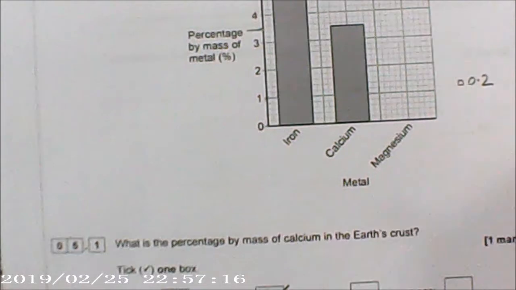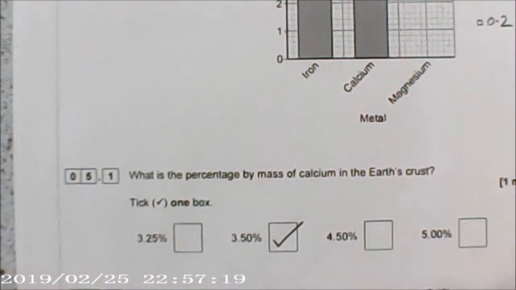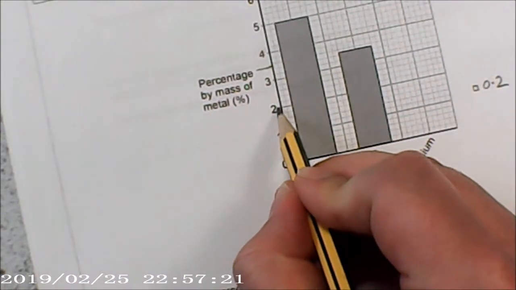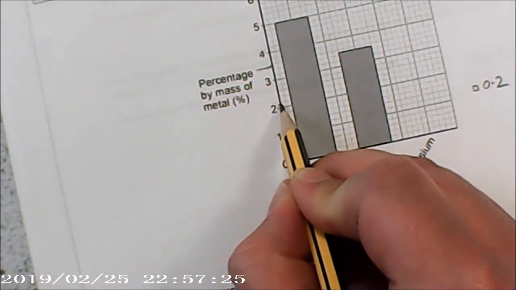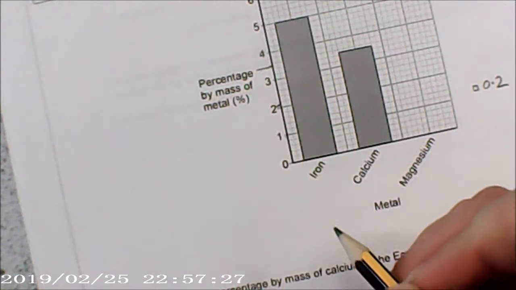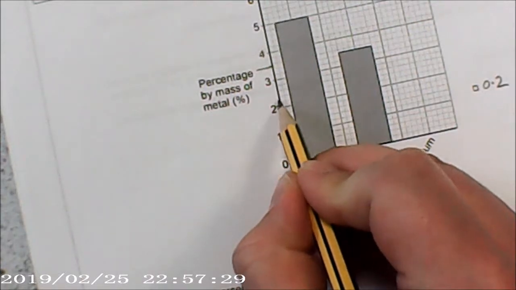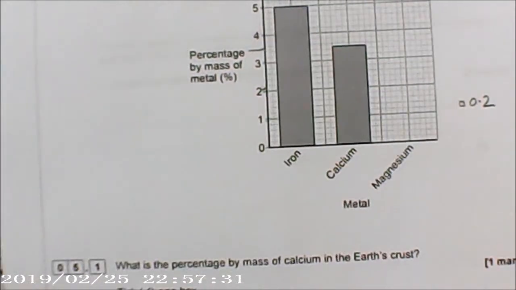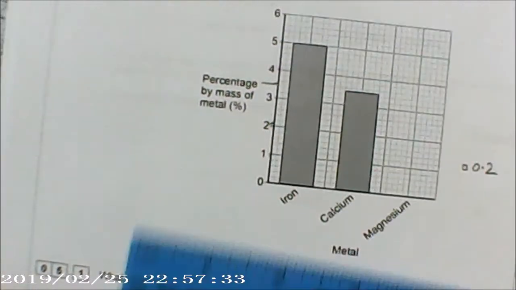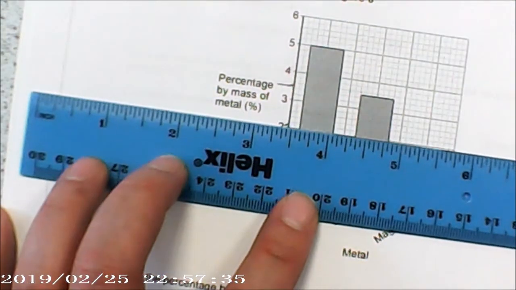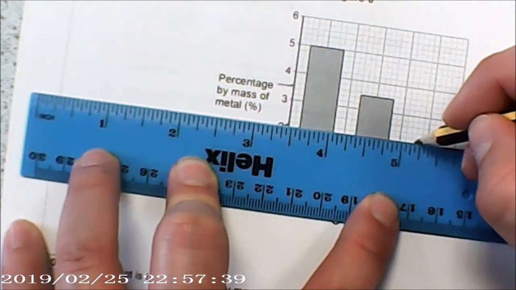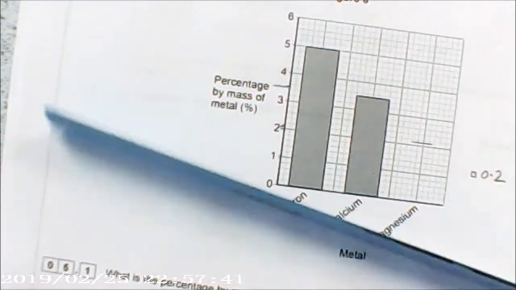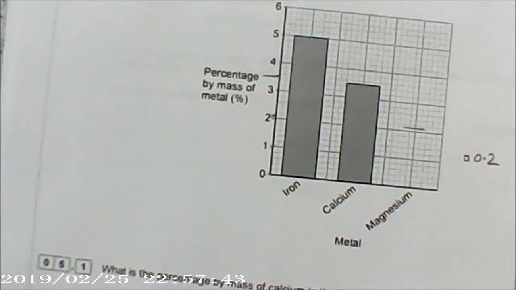So 0.2, 0.4, 0.6, 0.8, 1. We've got to get to 2.1. So here is 2. That would be 2.2. So 2.1 is going to be halfway between the 2 and the 2.2. So using my ruler, I'm going to make a little mark here where that 2.2 is.